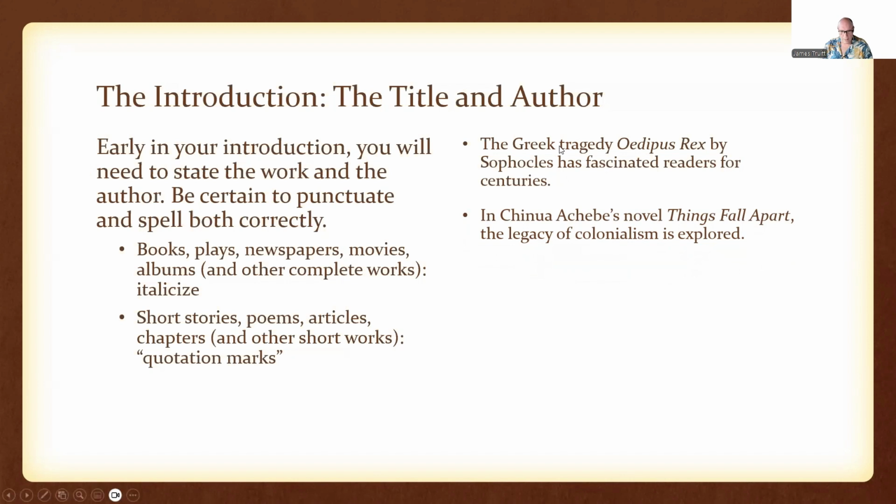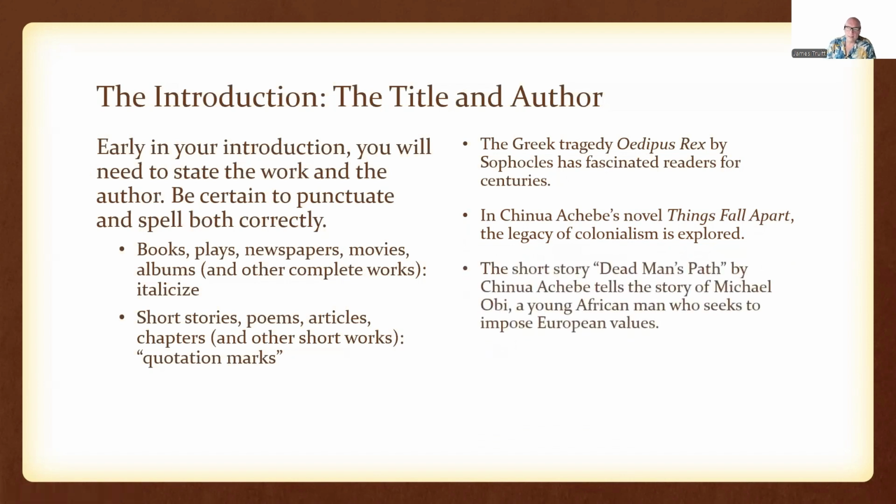Now, if you look at one of his stories, the short story "Dead Man's Path" by Chinua Achebe tells the story of Michael Obi, a young African man who seeks to impose European values. In this case, because it's a shorter story, it's not a book-length or complete work, so it gets quotes.